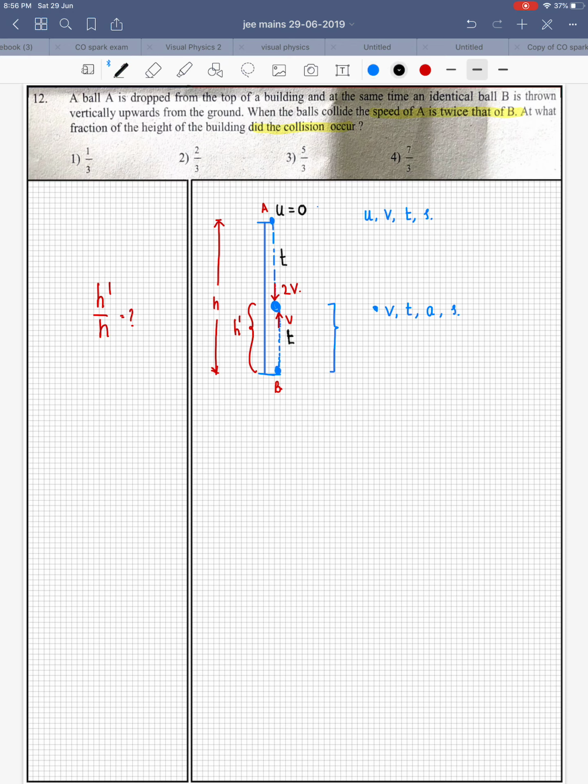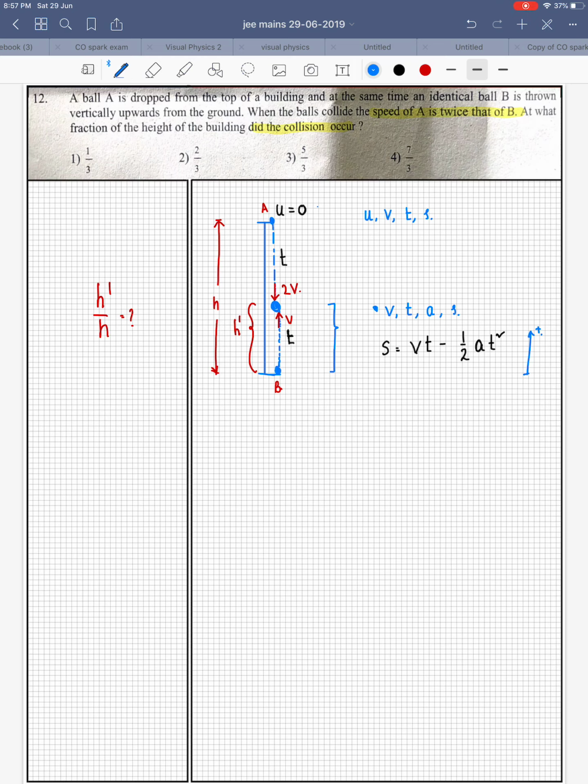So what is the equation? s equals, with final velocity, vt minus half at square. Then you take a sign convention, whichever direction you want. Because most of the parameters here are in the upward direction, I will take upward as positive.